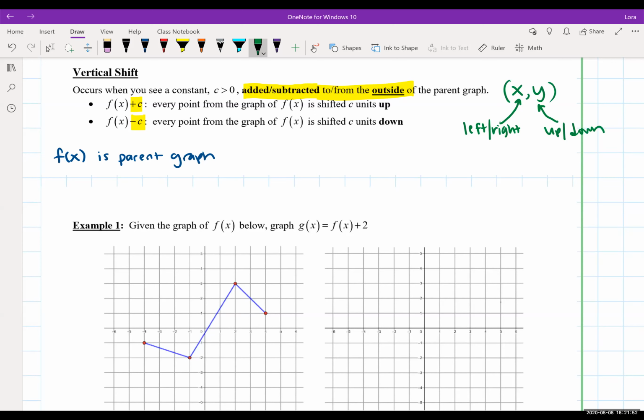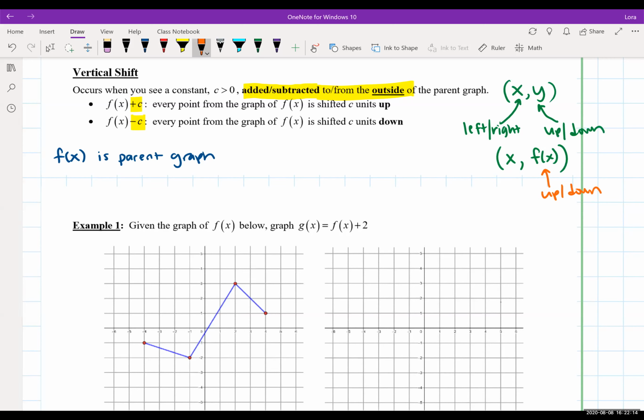Now, if you think about it, we don't really talk about y as y. We end up replacing it with f of x. Means the same thing. So when you're thinking about what's happening with f of x, you could kind of say, well, it's still an up-down movement.